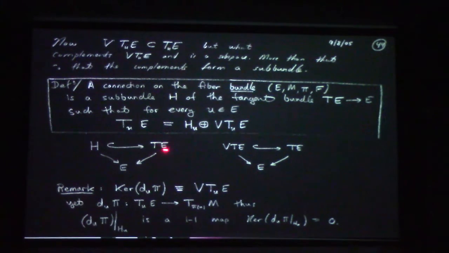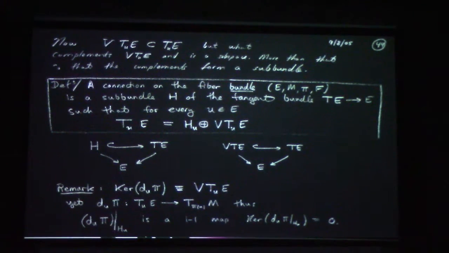So the kernel of the push forward of pi, or the kernel of the differential of pi, if you like, that is the vertical tangent space at U. On the other hand, if we were to restrict the differential of pi to the horizontal tangent space, well, that's a one-to-one map, because the only vector which is vertical in the horizontal space is what?